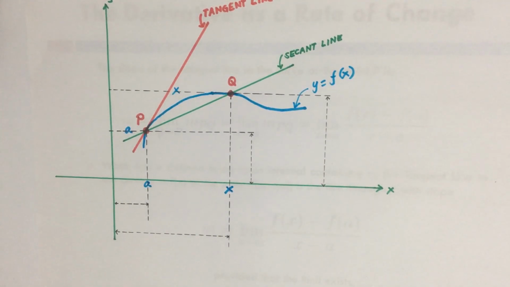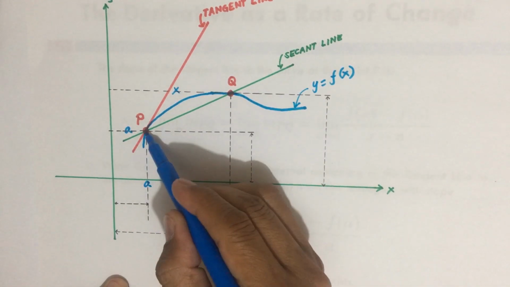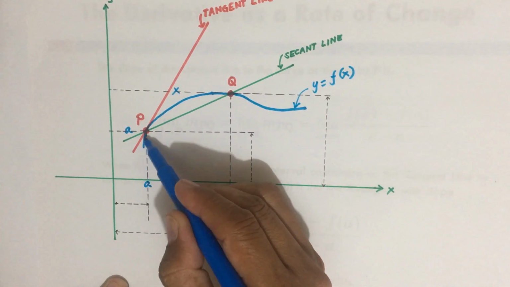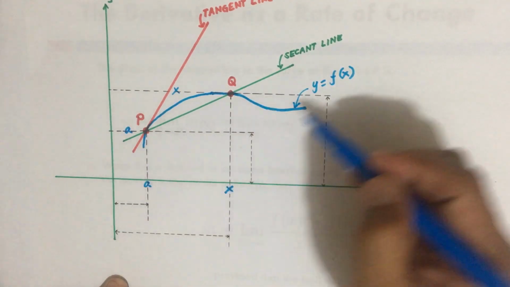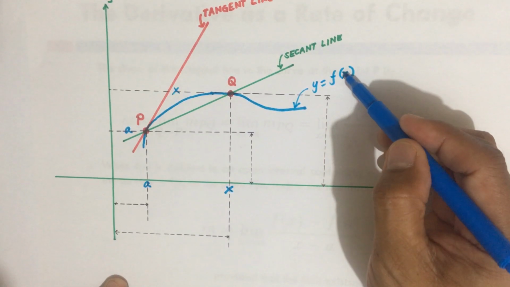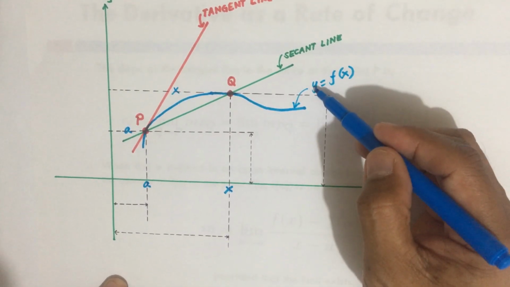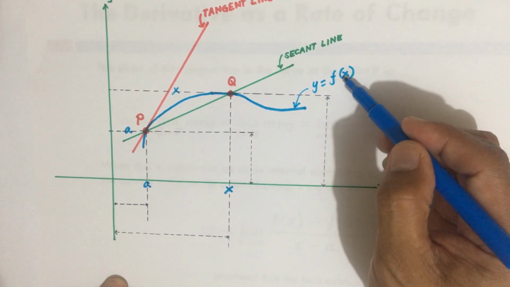Now the height, or the distance of the point P from the x-axis, is equivalent to the value of the function at x equal to a. So the value of y, the height of the function, is equal to the value of the function when x equal to a.